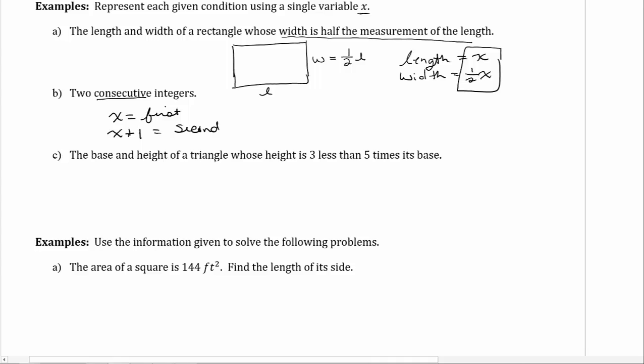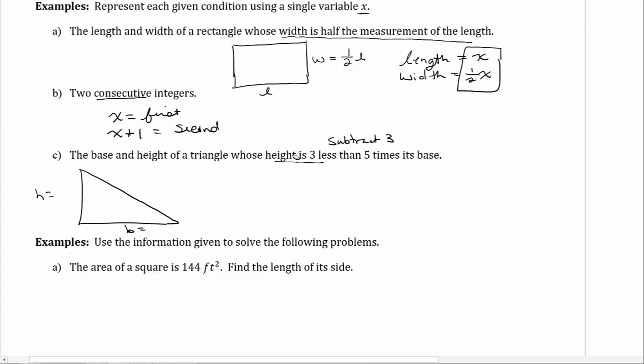The base and height of a triangle whose height is 3 less than 5 times its base. So here's a picture of a triangle. This would be our base, and this would be our height. The height h is 3 less than, and 3 less than really means subtract 3.